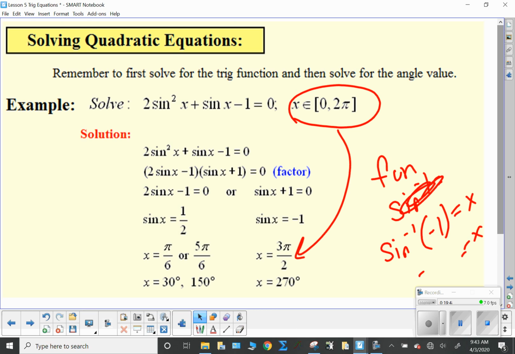X would equal negative pi over 2 if I were doing just the inverse trig function. But because I'm solving an equation and I've been given a specific range for my answer to be in, I find angles that are coterminal to negative pi over 2 that fall within this range.